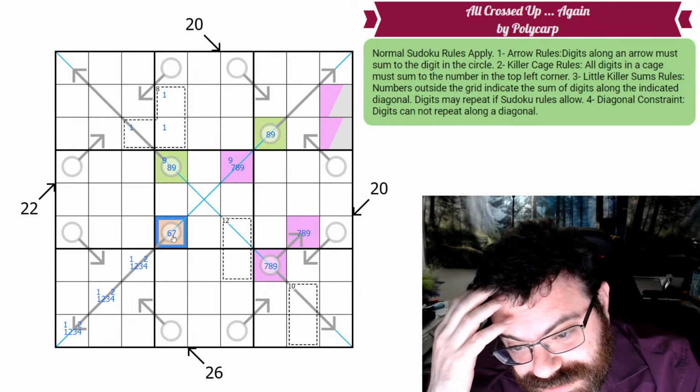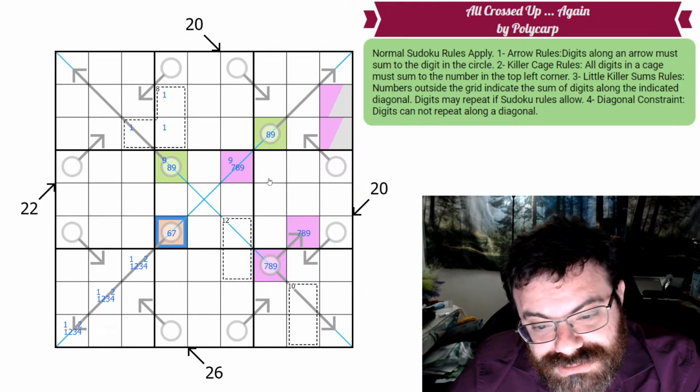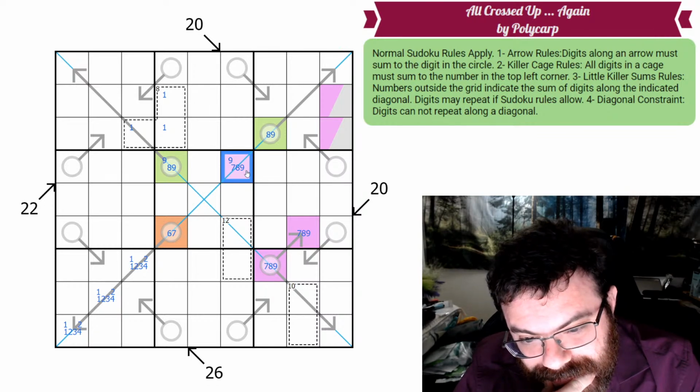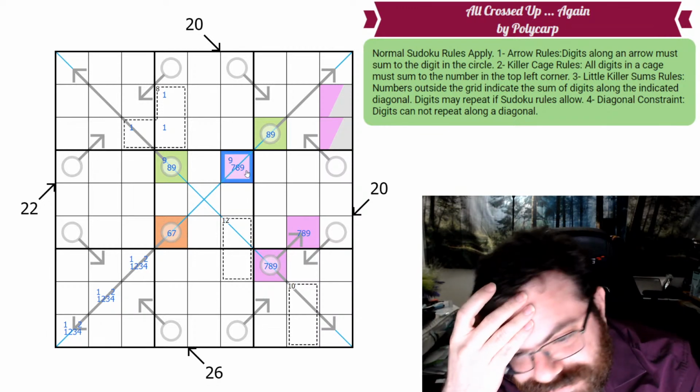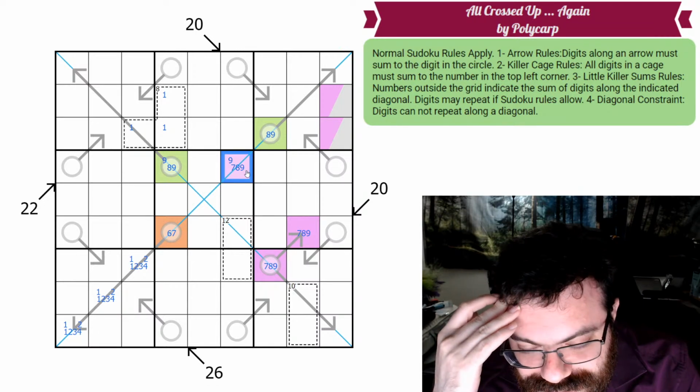And it makes the center, if it were 6, the center would be... wait, hold on. I don't think there's as much of a path there.